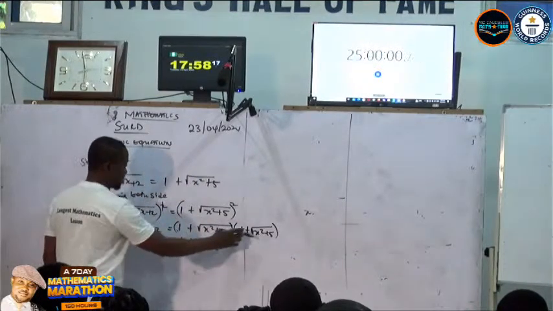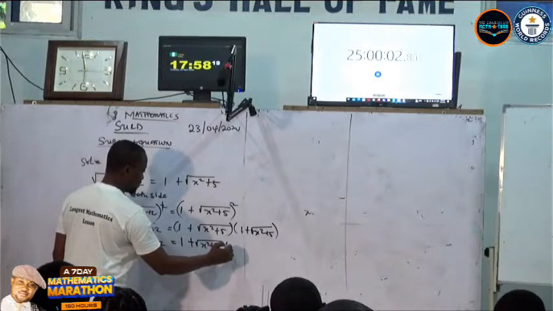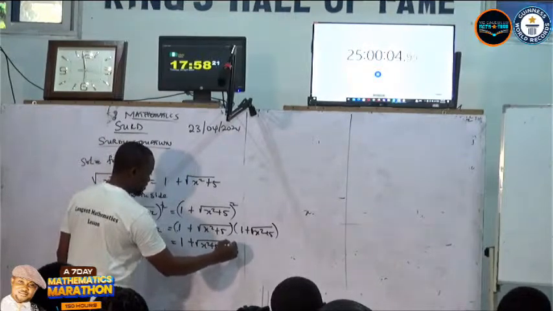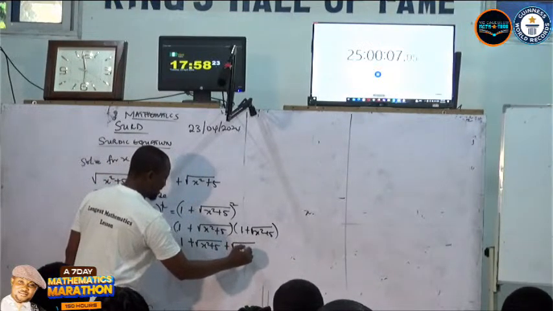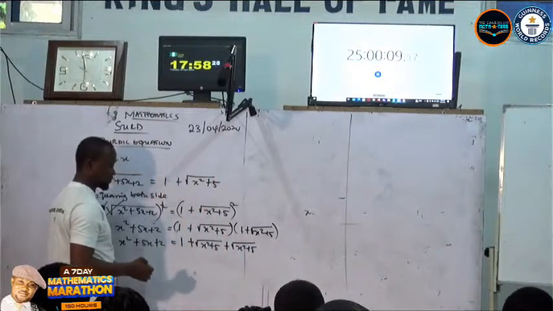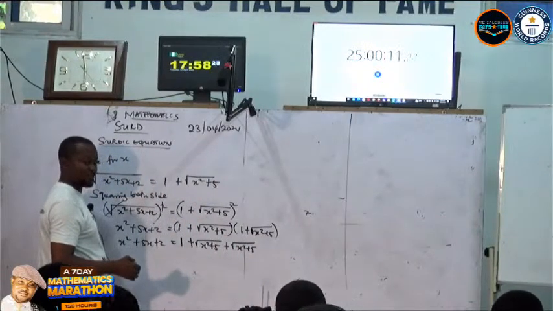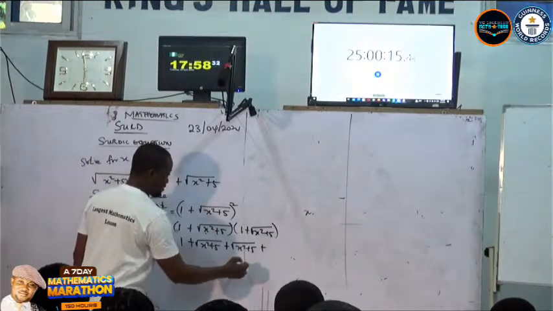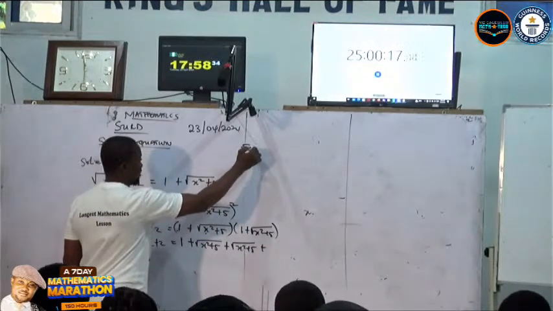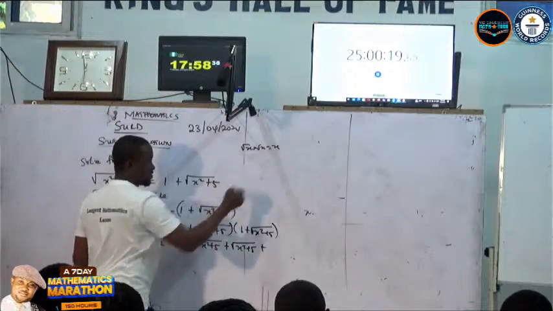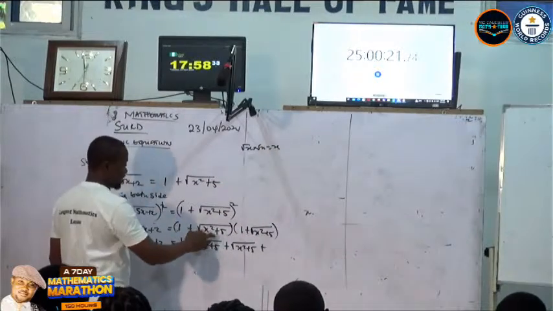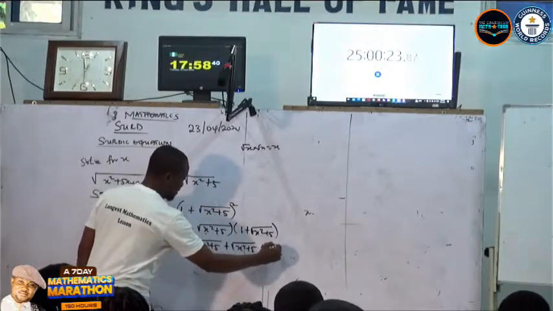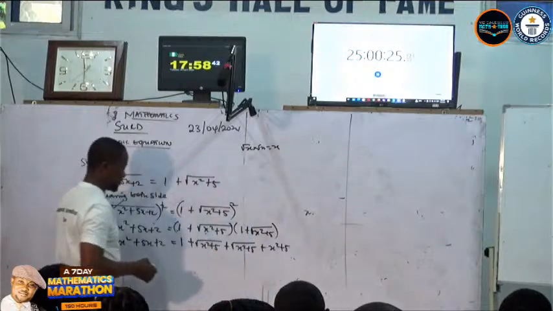And now multiply this with this, you have the same, which is the root of x squared plus 5. Are you following? Now, the root of this and the root of this will get rid of the root, just like saying root x times root x equals x. So root this and this will be x squared plus 5.